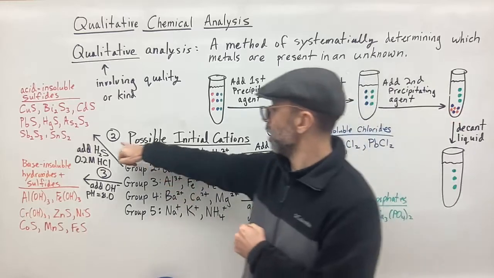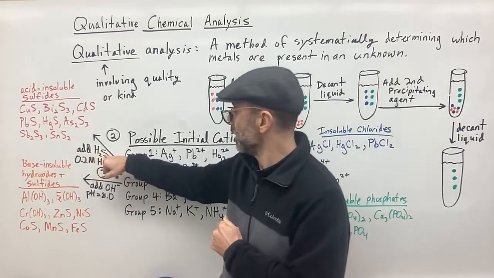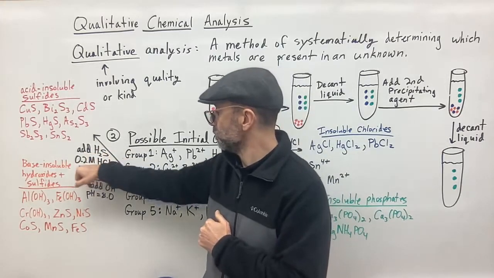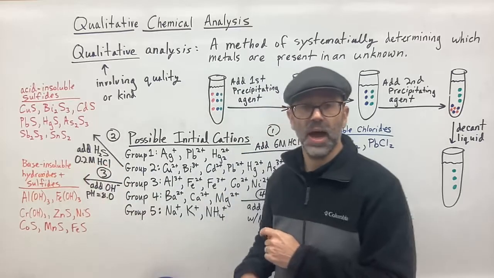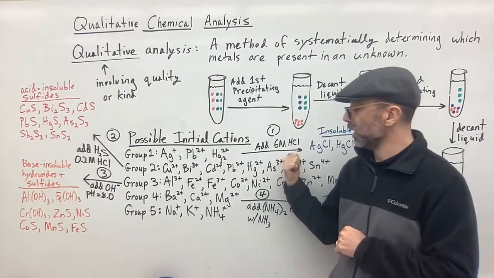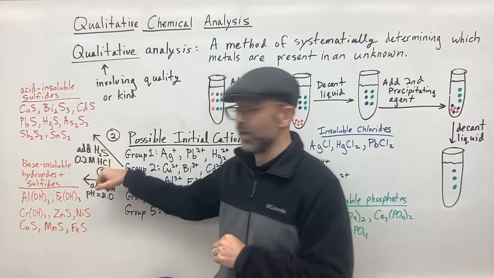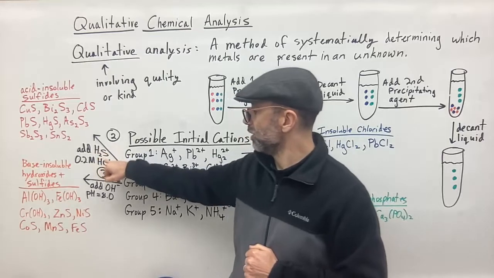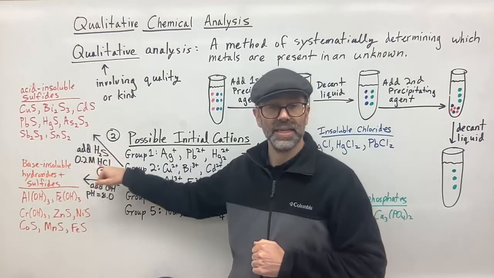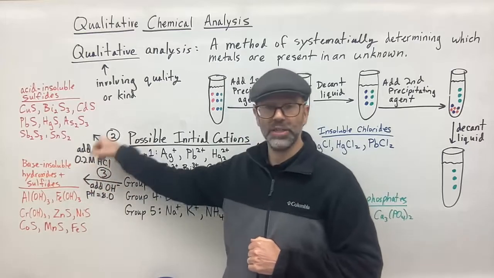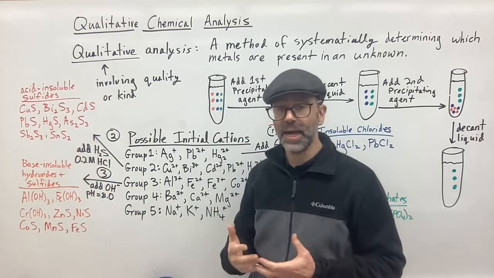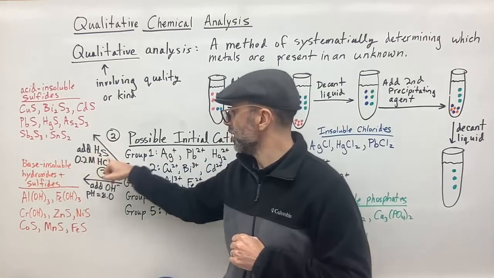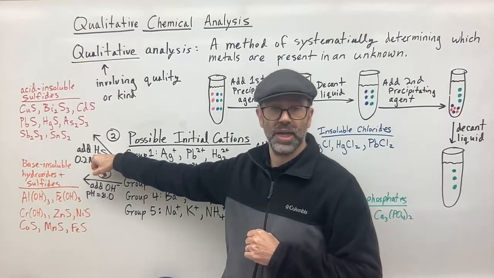At this point, number 2, I would add some H2S, my hydrogen sulfide, along with possibly 0.2 molar HCl. I've already added 6 molar HCl, so I've already got acidic conditions. Since this is a weak acid, if I've already got an acidic situation, because of the common ion effect, it's going to drive the equilibrium toward the formation of H2S.